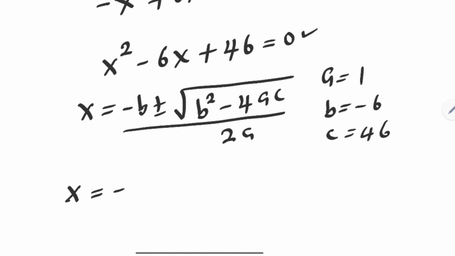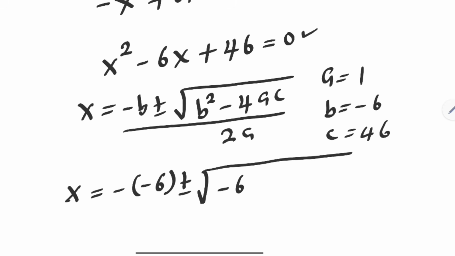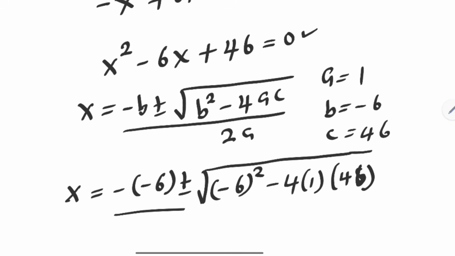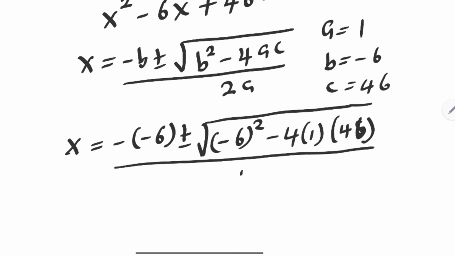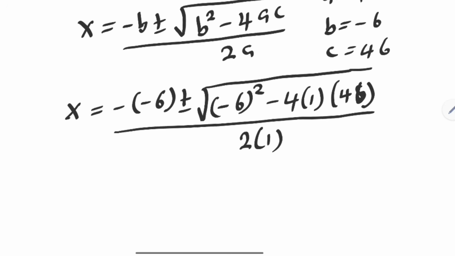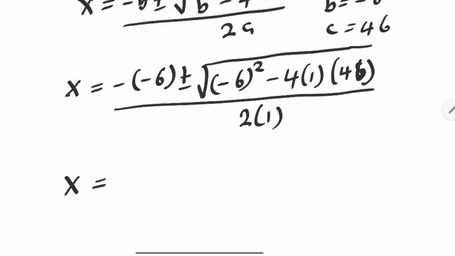x is equal to minus bracket minus 6 plus or minus square root of minus 6 squared minus 4 multiplied by 1 multiplied by 46, divided by 2 multiplied by 1. x is equal to minus times minus 6.